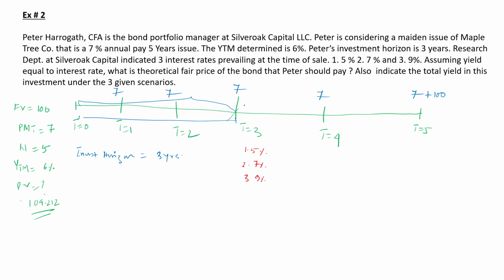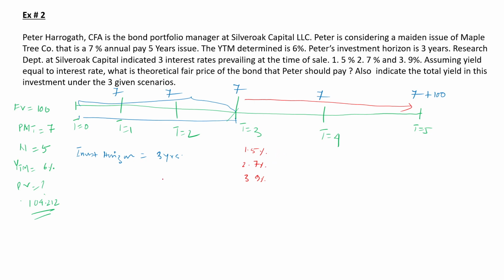So which means that at the end of the third year, for the next 2 years, any of these three market interest rates could prevail. And depending upon that, what would be the likely gain, the investment proceeds of this whole exercise as far as Peter is concerned.